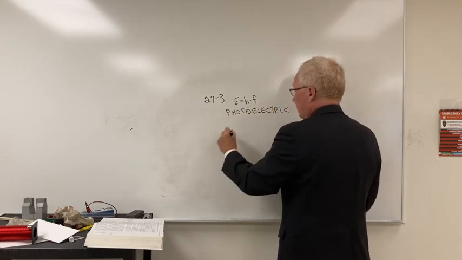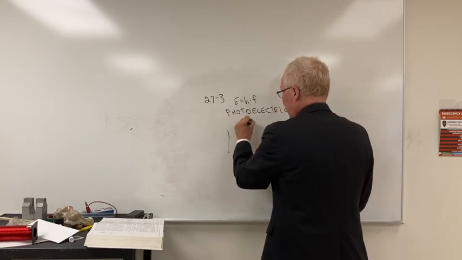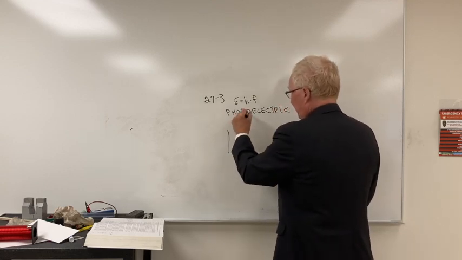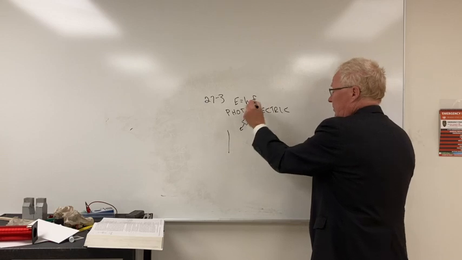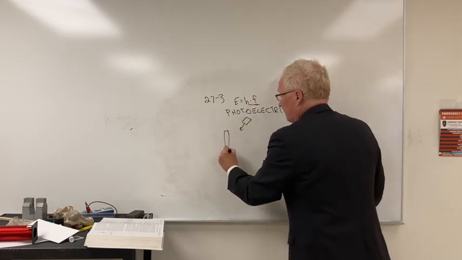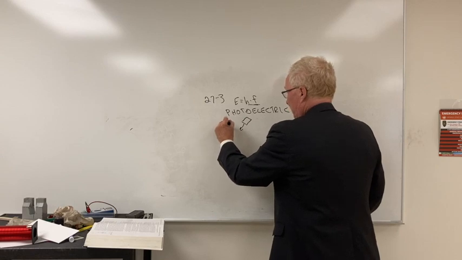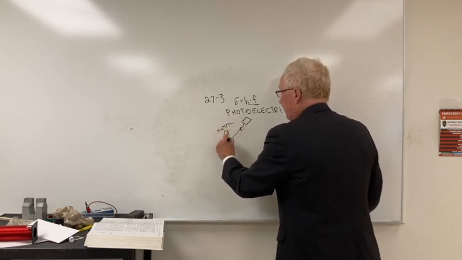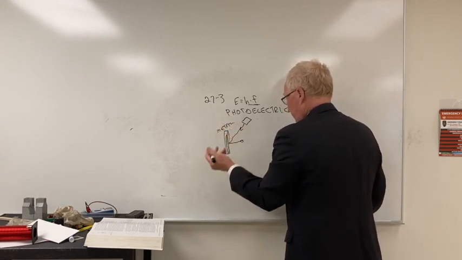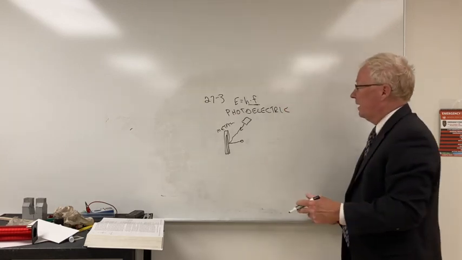So if you have light with some energy based on the frequency hitting a metal, an electron goes out.